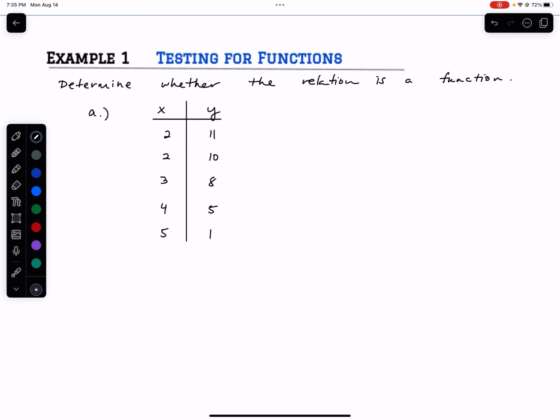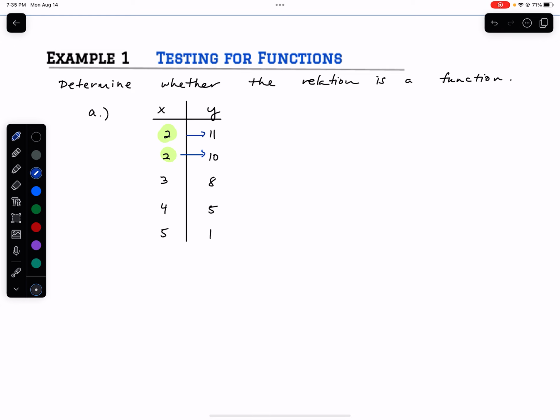Okay, so if you guys remember what I just said, each input can have exactly one output. So if this is supposed to be a function, 2 gives us 11. If we plug 2 into the function, it gives us 11. But if we plug 2 in, it also gives us 10. So notice that 2 gives us 2 different outputs. 2 gives us 11 and 2 gives us 10.